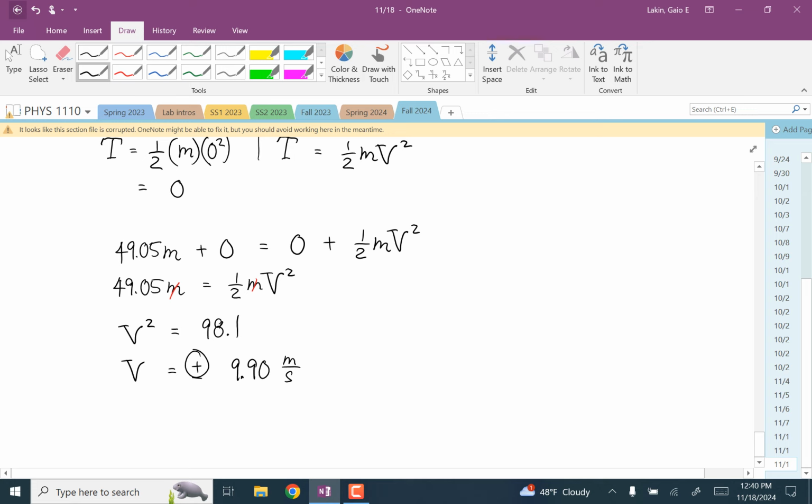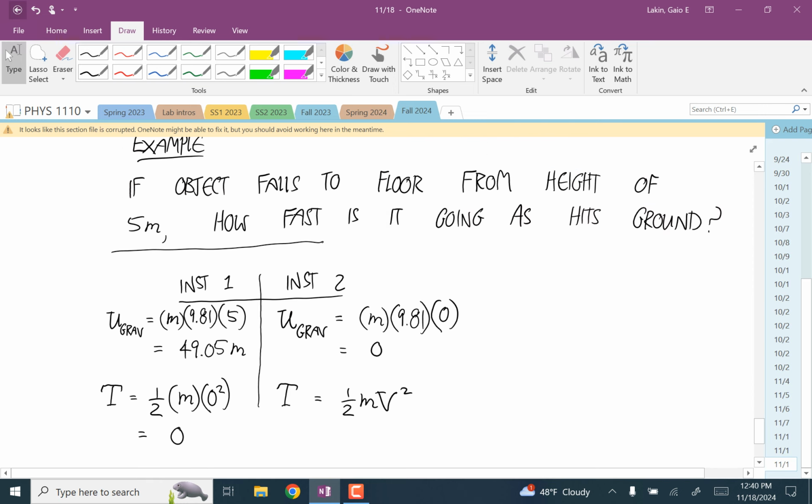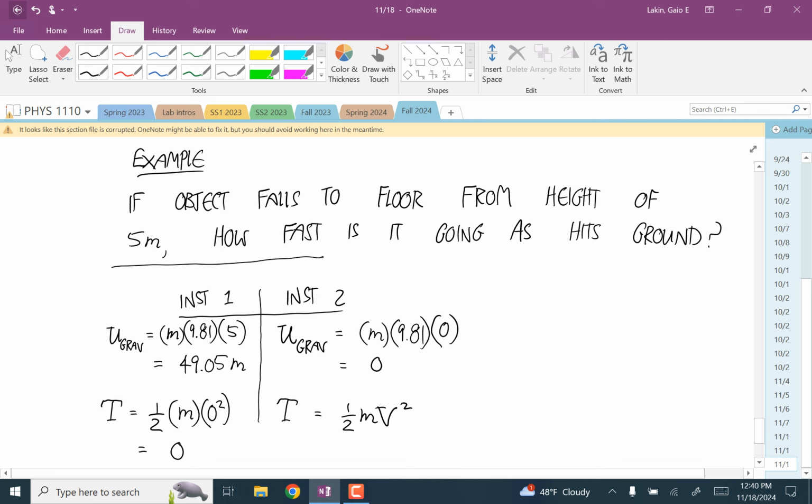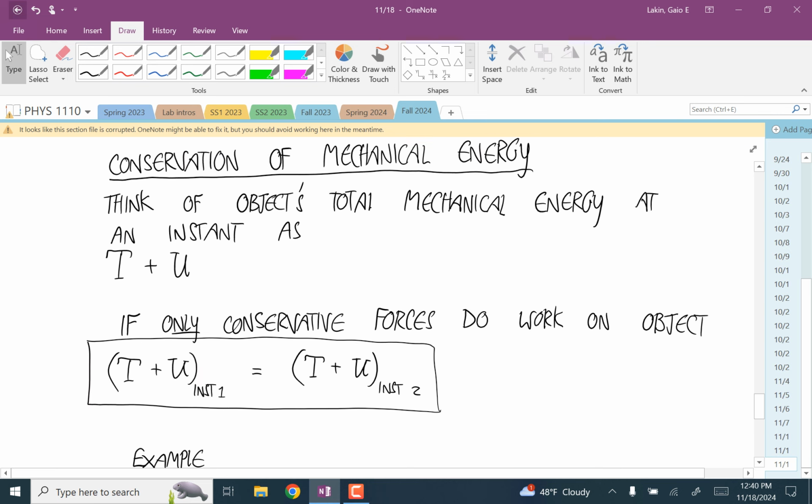Okay, well, we did it for this one case where the only force is gravity. Notice that I said that in order to use this, the only forces that do work have to be conservative. So now you have to start thinking, how many cases are there that we care about where the only forces that do work are conservative?